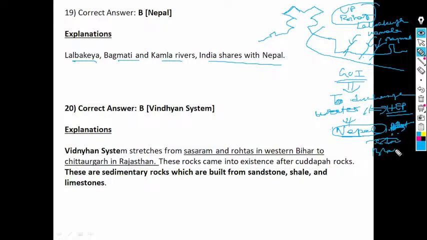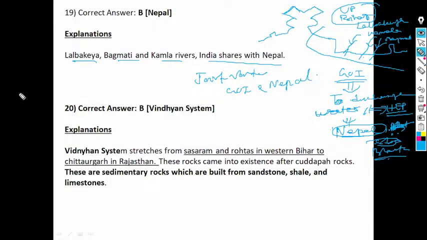States like UP, Bihar and Sikkim get the benefit, and it is also with Nepal and Bhutan. This is a joint venture of the government of India and the government of Nepal, joint initiatives.